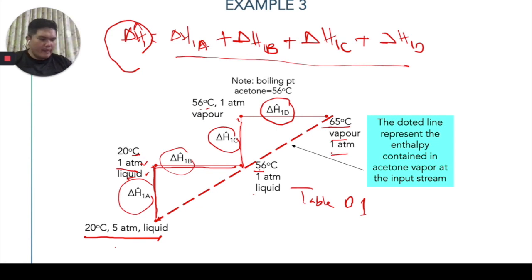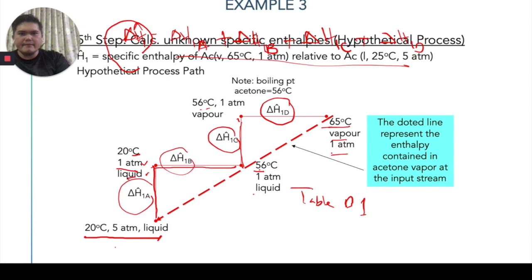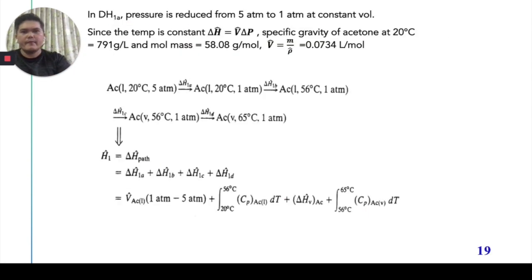So how do we calculate that? I have explained this to you earlier. We have this as our reference state, and then we want to make sure that it changes here. You have to imagine this is not 25 degrees, this is supposed to be 20 degrees. So how do we calculate here?